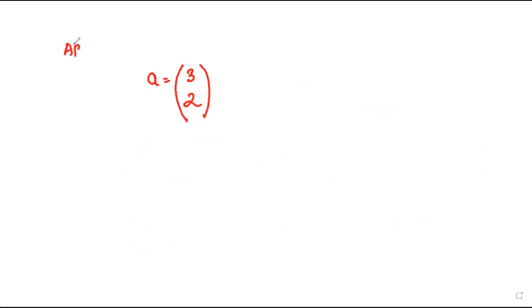If I'm writing vector A to B is A. But here in mathematics, I have specifically mentioned that this is 3 comma 2. So if 3 comma 2 and I want to calculate 2A, what will be the twice of this vector? So what I'm doing, I'm just multiplying. This is called multiplication of scalar and vector.